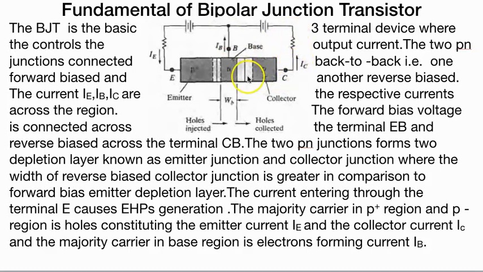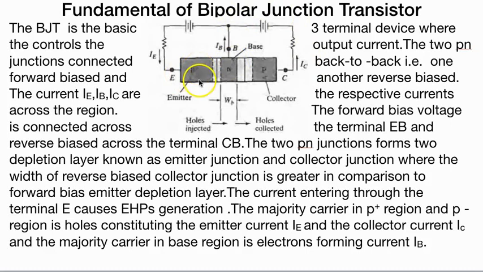Now you can see that the emitter-base region depletion width is less in comparison to the base-collector, because the base and collector region is reverse biased, and we know the width is directly dependent on the biasing of the two junctions, and the emitter and base region is forward biased.